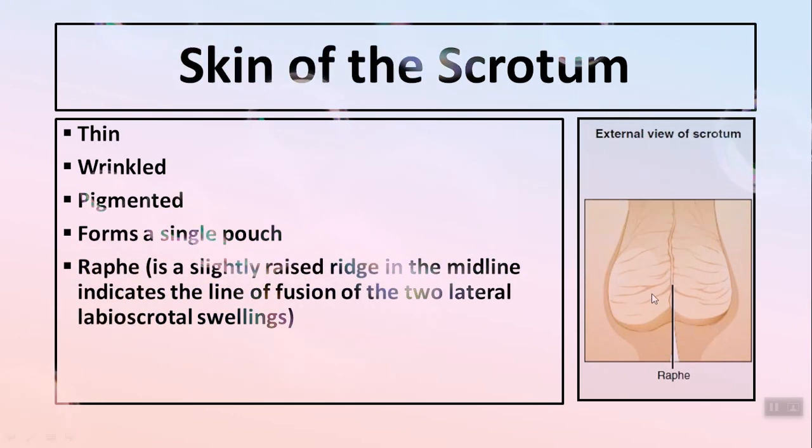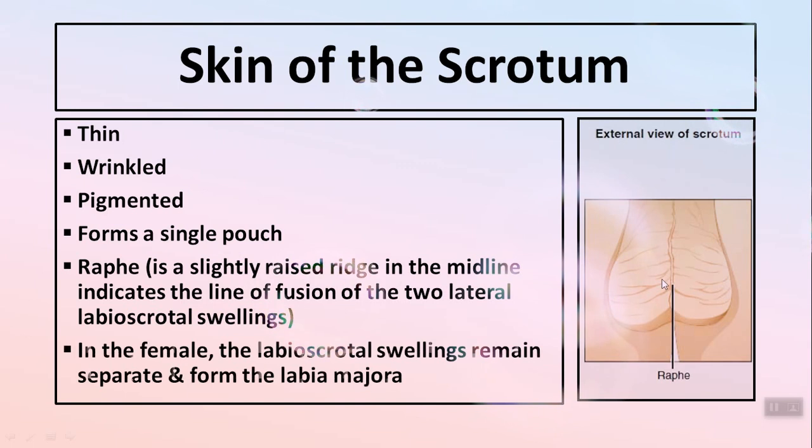In male, the two labioscrotal swellings will fuse at the midline to form the raphe, while in female, the two labioscrotal swellings will remain separated and form the labia majora. The labia majora in female is the analog of the scrotum in male.